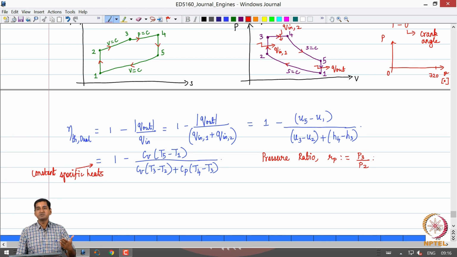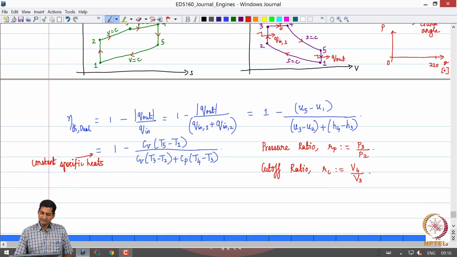So, the pressure ratio R subscript P tells me what is the ratio of P3 and P2, that we encounter in the constant volume heat addition process. And we have already encountered the cutoff ratio, all right. Cutoff ratio R subscript C is going to be now V4 by V3, because 3 to 4 is the constant pressure heat addition process, right. So, that is the cutoff ratio.